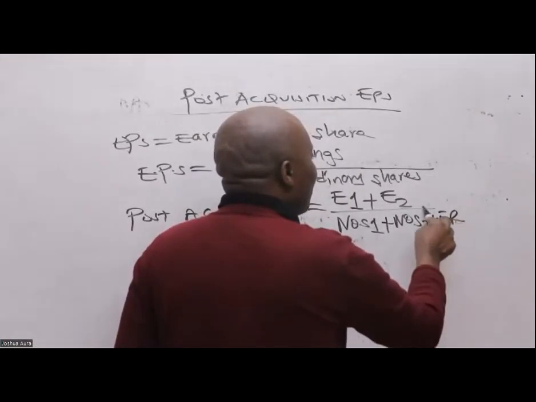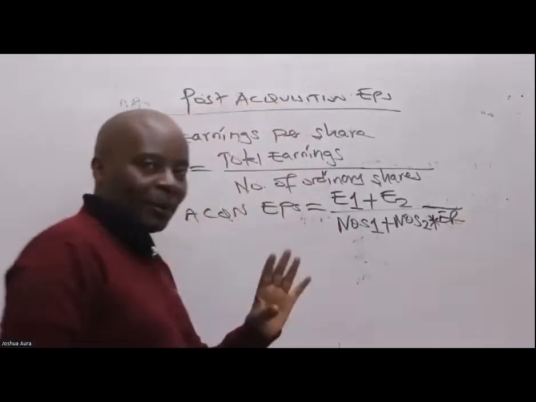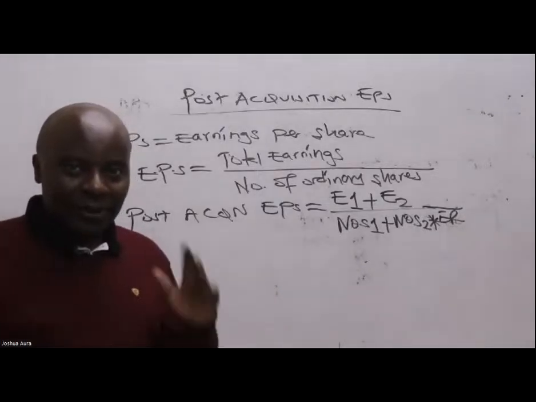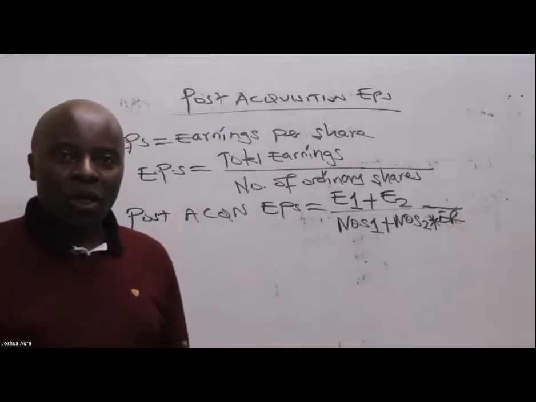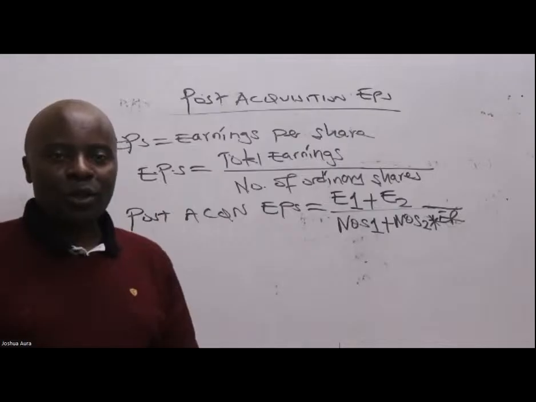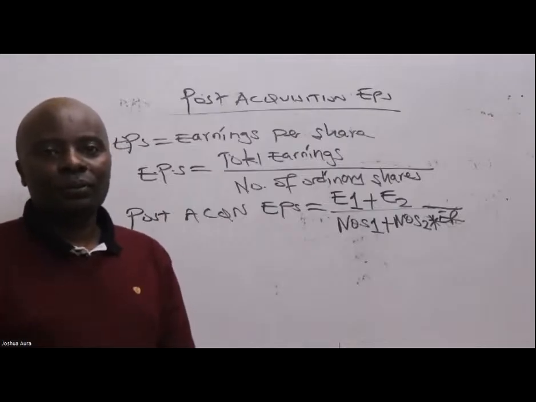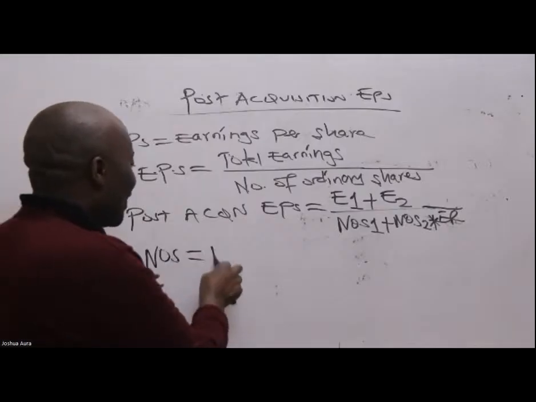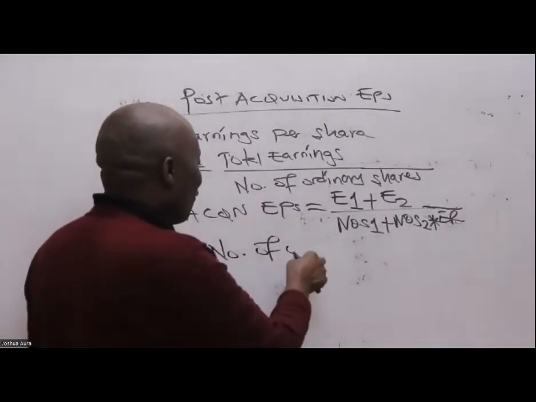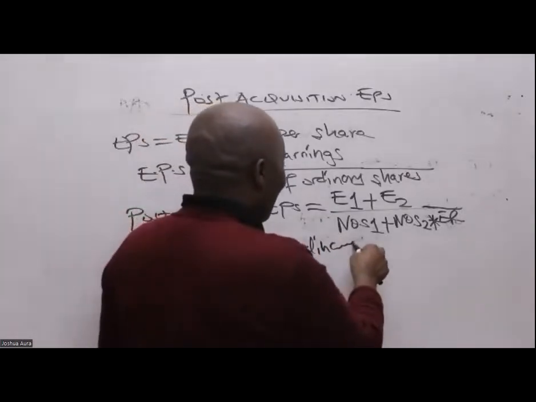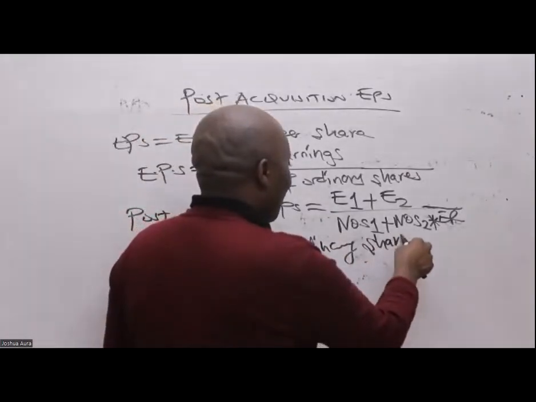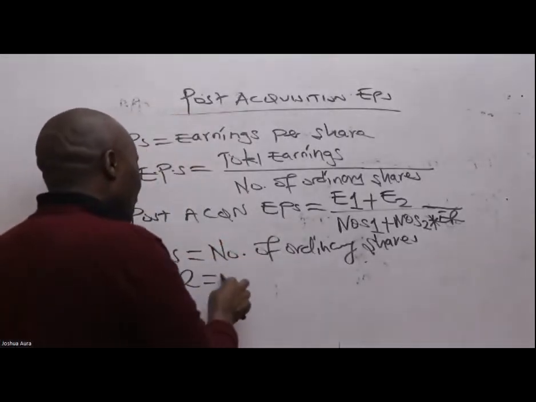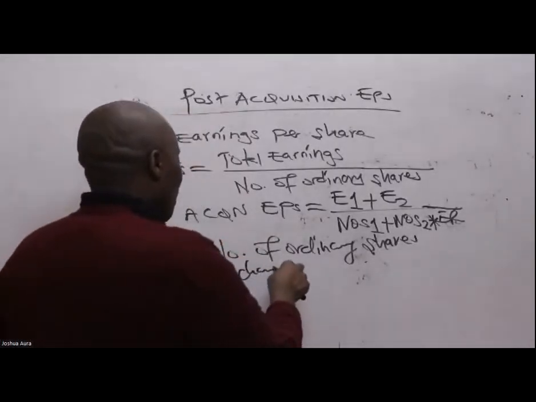But now remember that company 2, which represents the wife, must be multiplied with what we call the exchange ratio, ER. So please don't forget that NOSE stands for number of ordinary shares, and ER stands for exchange ratio.